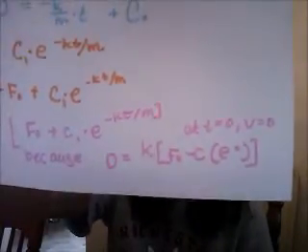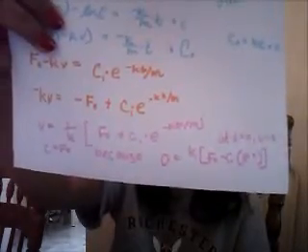So when you look at that, effectively you get that C is equal to F initial. Okay, so using that we can just get the final answer. v is equal to F initial over k times 1 minus e to the negative kt divided by m. We factored out an F initial, and this is the final answer. Alright, thank you very much.